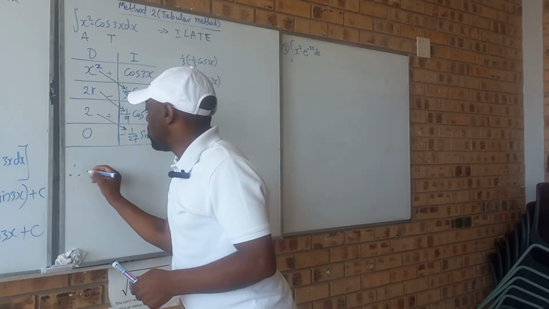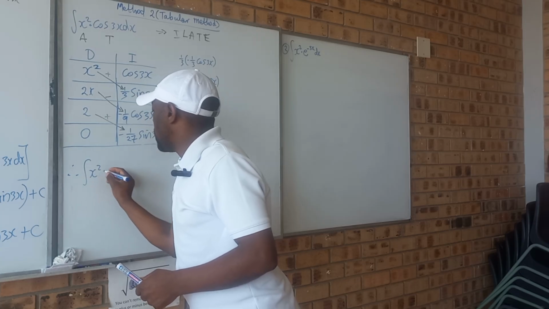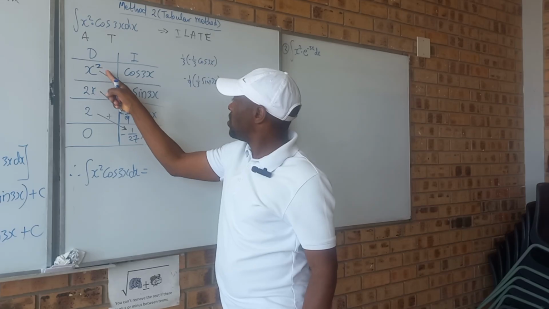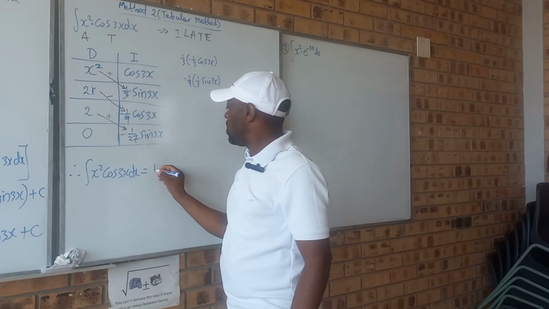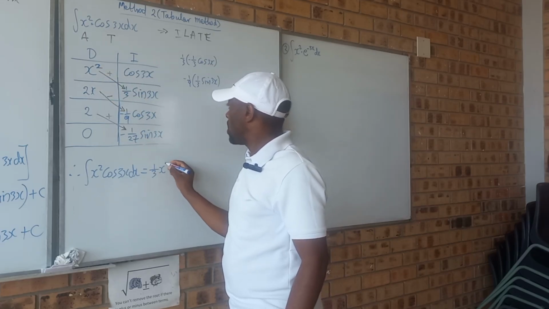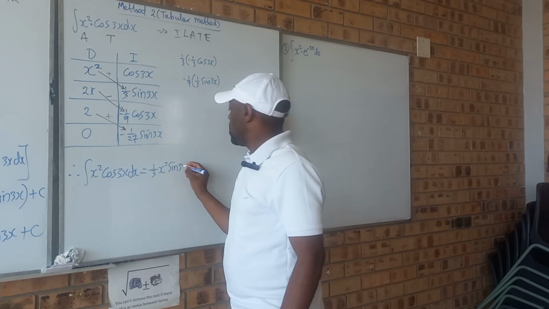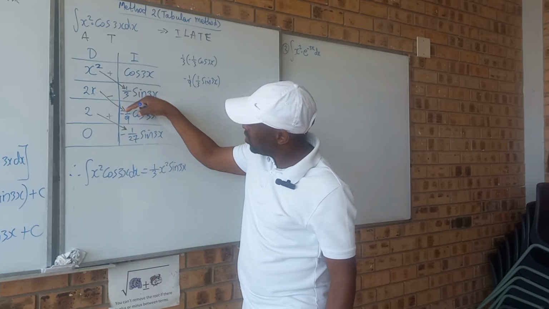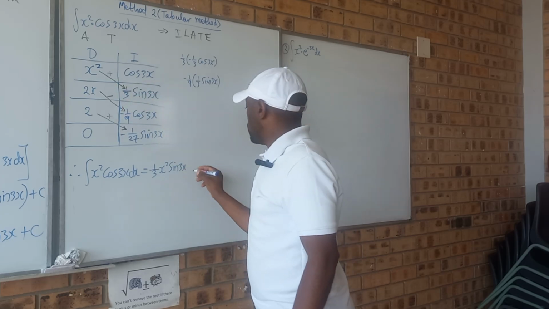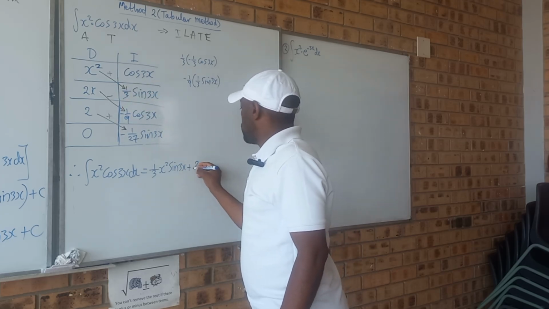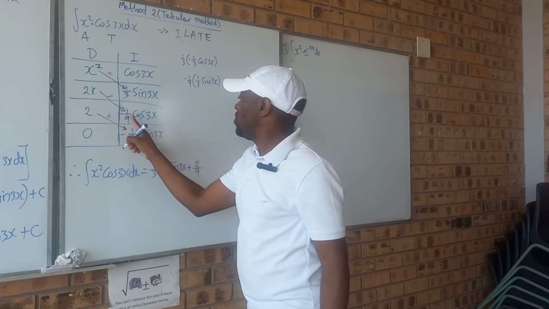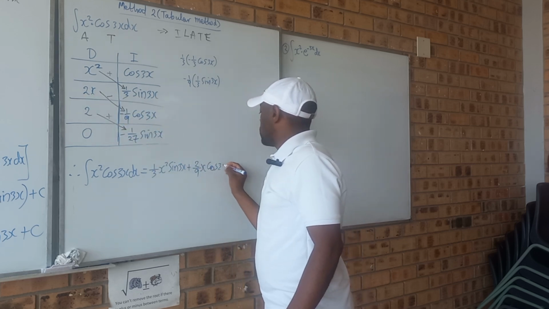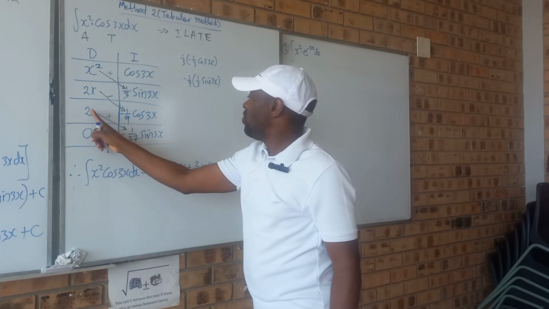So in this case, I will say the integral of x squared cos 3x dx is simply, I multiply the first term, which gives me 1/3 x squared sine 3x. Then the second term, I multiply this. These two negatives become a positive, which gives me plus 2 on 9. The constant there is 2 on 9. Then there is x cos 3x. Then the last term means I multiply this.